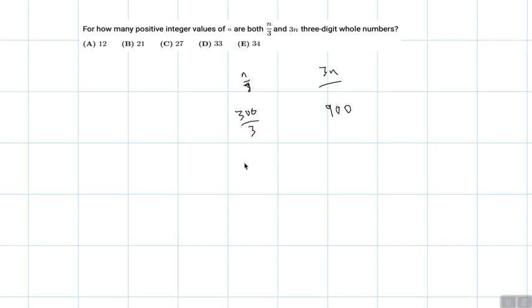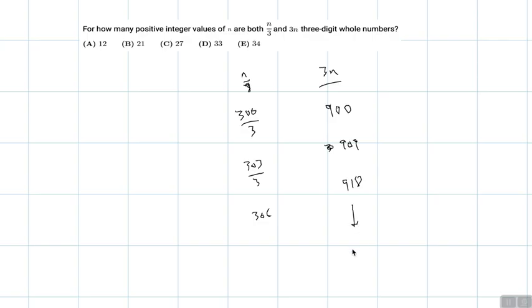And then this keeps going. We can do 303, so then it's 909. And then same with 306, and then this is going to be 918. So this keeps going by 18, by nines actually.